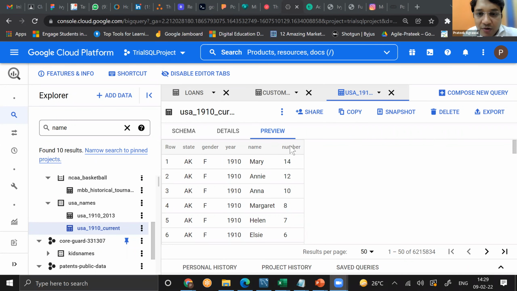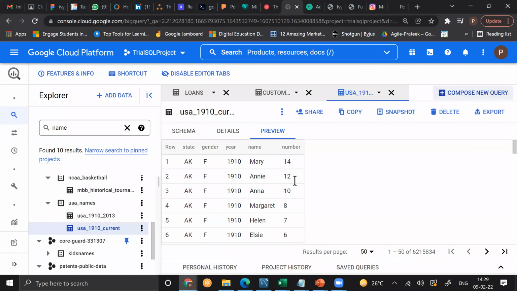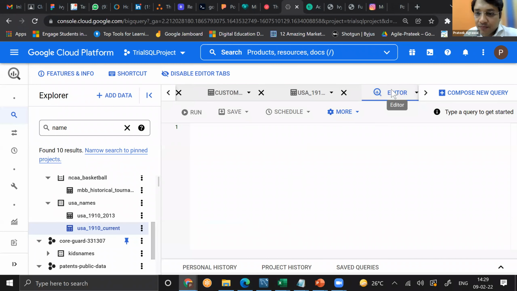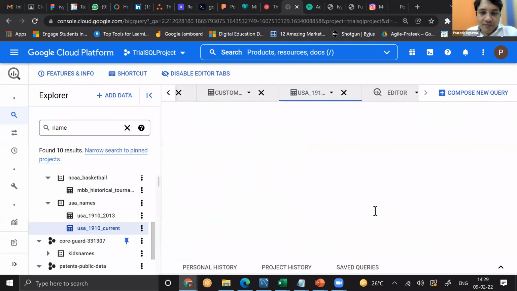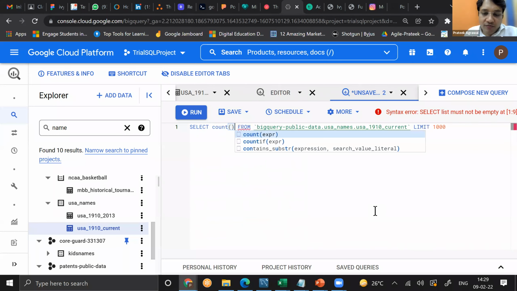So if I were to write a query on this database, say for example, suppose I write this query, and we will talk about this query shortly, maybe this week only.